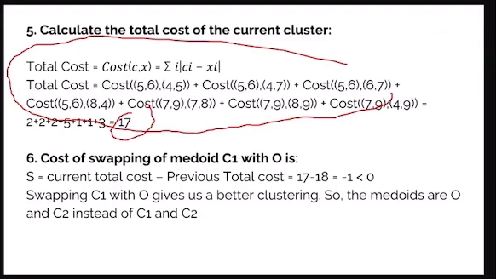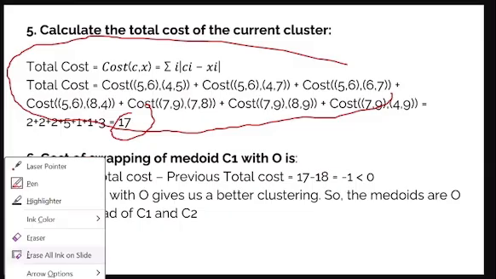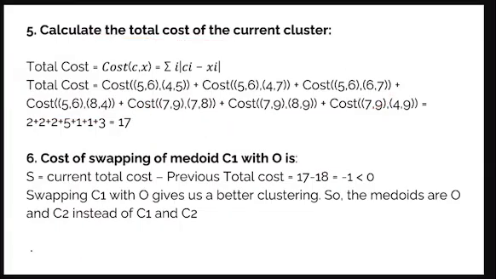That was why I said the cost of swapping medoid C1 with O is actually -1. And I said swapping C1 with O gives us a better clustering. When you have a reduction in the cost, that gives you a better clustering.